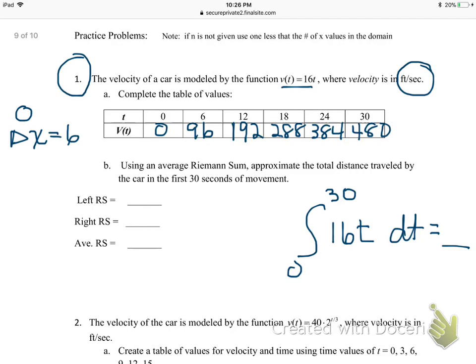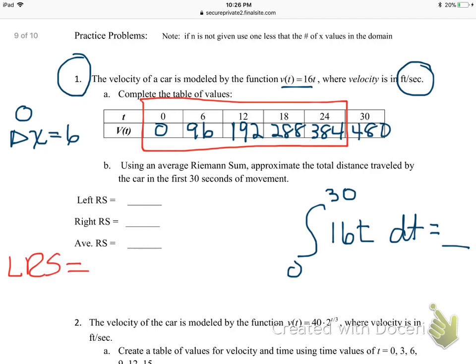So let's do left Riemann sum. Doing left Riemann sum, I'm going to take from the left, skipping the last one. To go left Riemann sum, what's my distance between every x? It's 6. Then sum up 0 plus 96 plus 192 plus 288 plus 384.